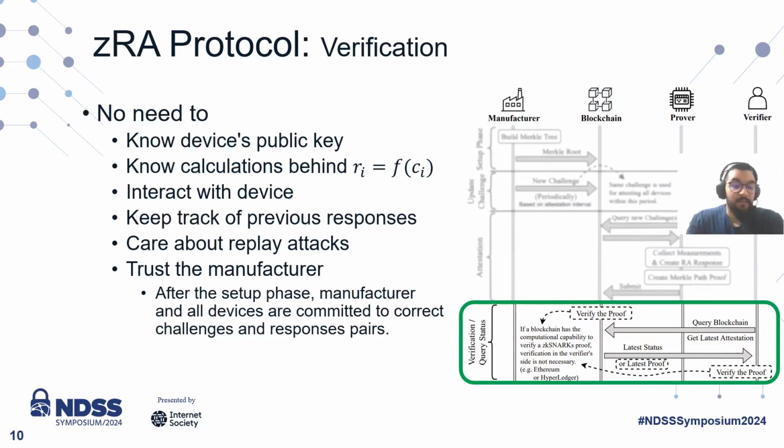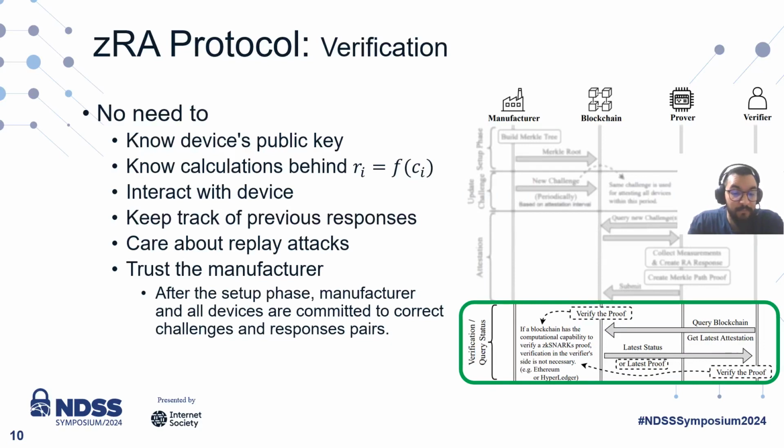As said, the verification of Zira is just a transformation to the problem of verifying whether the device has knowledge about a certain opening to a commitment within this Merkle tree. Therefore, this verification can be done using only public information, such as the Merkle root, the latest challenge, and the public key of the device.